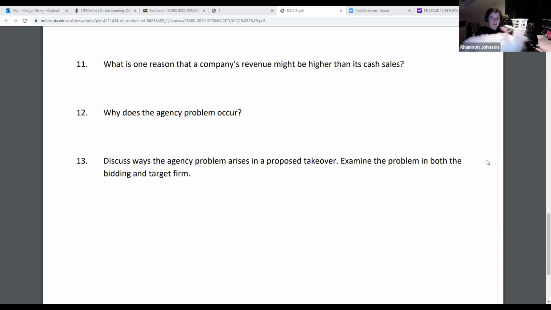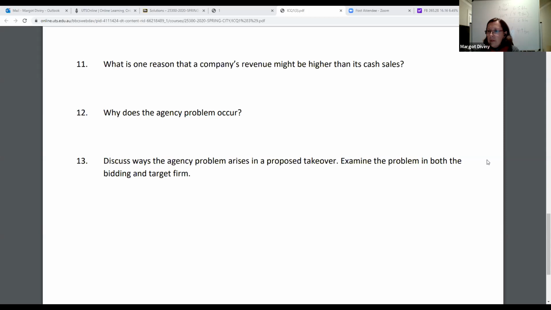Okay, why would the management be in favor of the takeover over the shareholders? Where would they stand to gain in a takeover? Sorry, the other way. If the shareholders want the takeover, but the management doesn't want the takeover. Okay, that's more likely. Why would the management not likely want the takeover to go ahead? Job security. Job security, exactly.